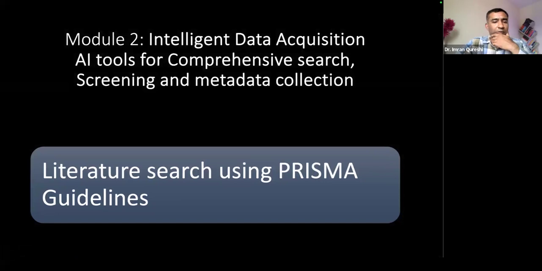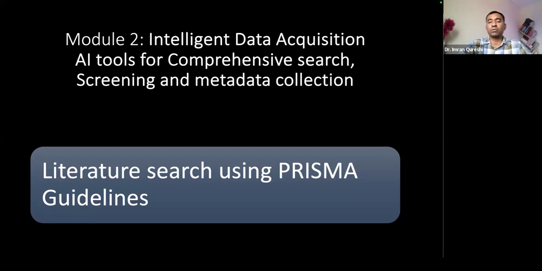Okay, so the guideline we are using is the PRISMA guideline, Preferred Reporting Items for Systematic Reviews and Meta-Analyses, 2022 guidelines. I've already explained what PRISMA is and how we use it in our research in the first video of this second module, and also uploaded one document with that, which you must use in all of your systematic literature review research articles.